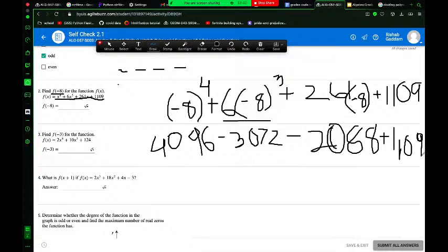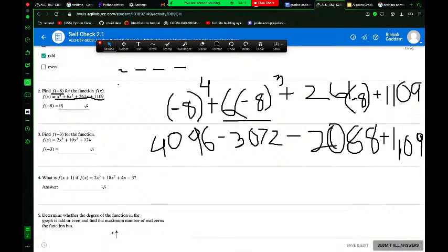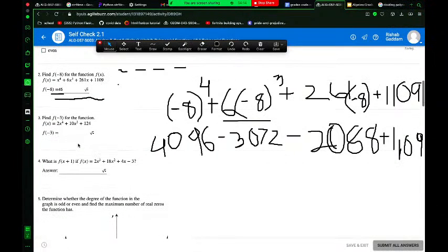Normally the equations aren't this complicated, so you probably won't get this big of a number to deal with. But we're just going to use the calculator to find this answer. 4096 minus 3072 minus 2088 plus 1109, and that equals 45. So yeah, we put 45 in here, and that's probably the right answer.